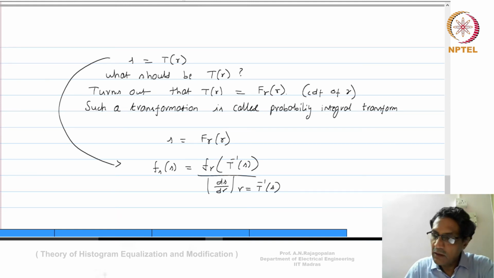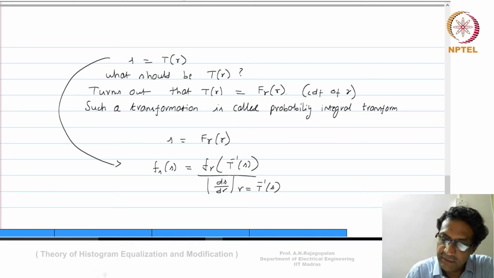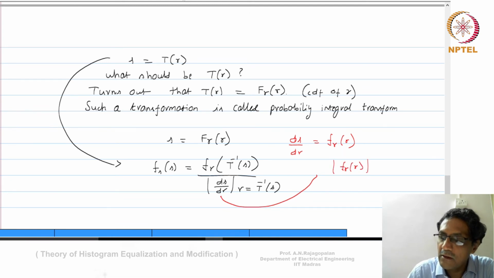Now, given that s equal to fr of r, ds by dr is simply fr of r, and therefore this term becomes mod of fr of r. However, fr of r is always greater than or equal to 0, so this mod has no implications here. Therefore, what you will get is fr of r evaluated at r equal to t inverse of s.